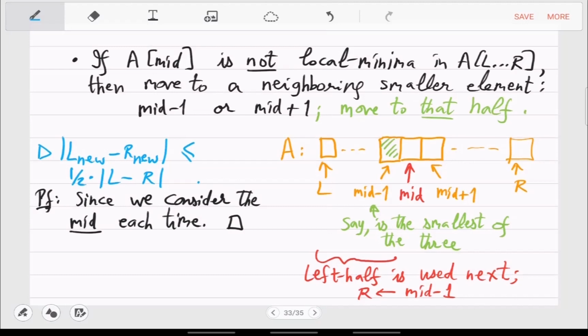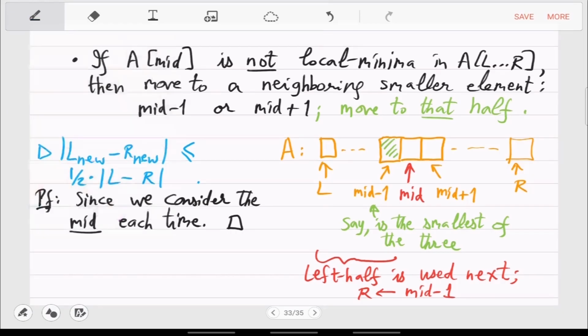If L is the very first starting point, of course, you don't have anything on the left. So either you don't have anything on the left, or if you have something on the left, then that is bigger. Okay, so we will write down this invariant, and we will show that this invariant holds in every iteration. So the invariant being that the two endpoints, when you move from left to further left, the value increases, and when you move from right to further right, the value increases. Okay, that's the invariant.